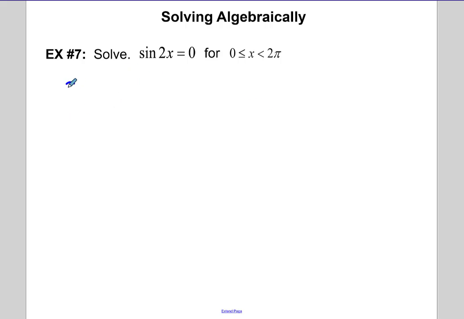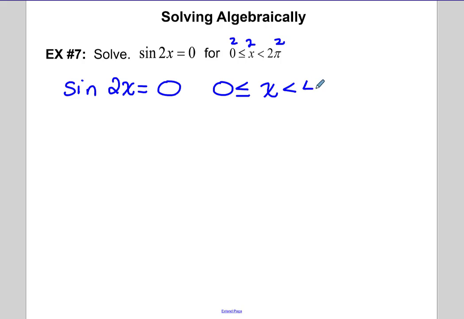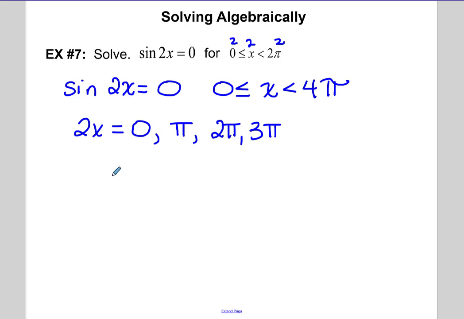So again, like example 6, what I'm thinking is I want to know where the sine of 2x is 0, and I've got to adjust my domain by multiplying everything by 2. So my domain is going to go up to 4 pi, and 2x is 0 at 0, at pi, at 2 pi, and at 3 pi.